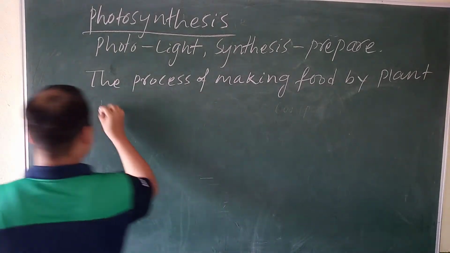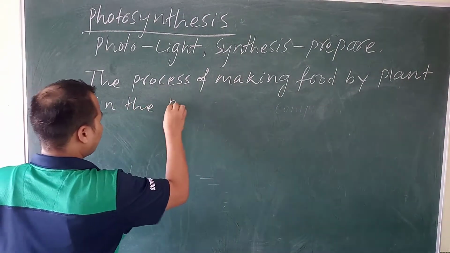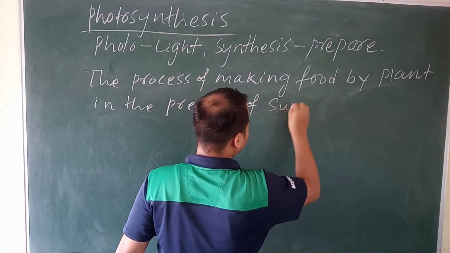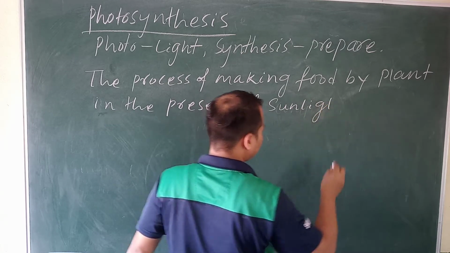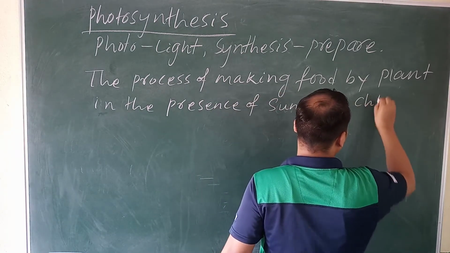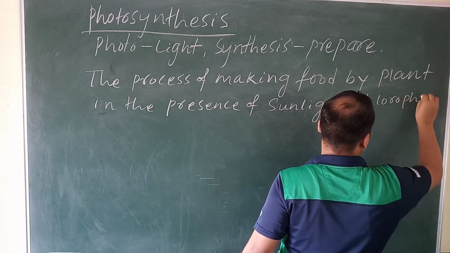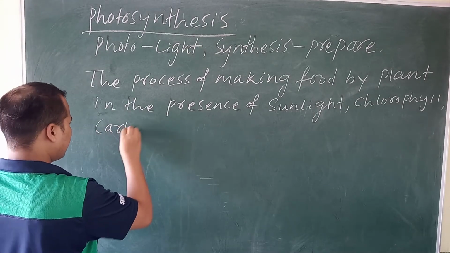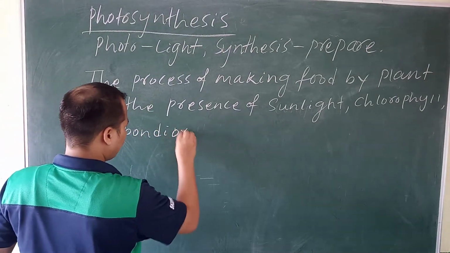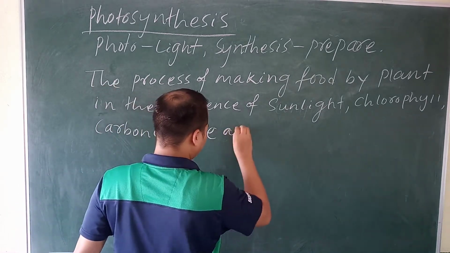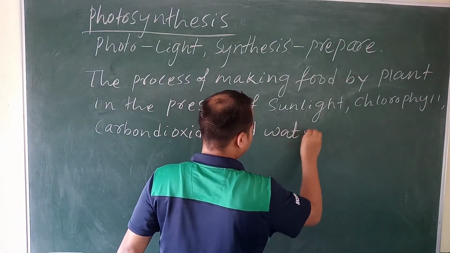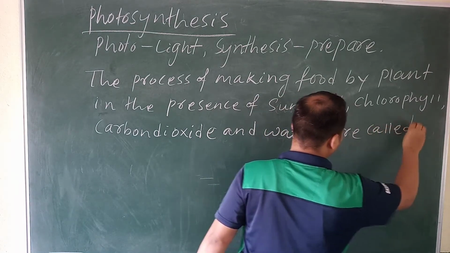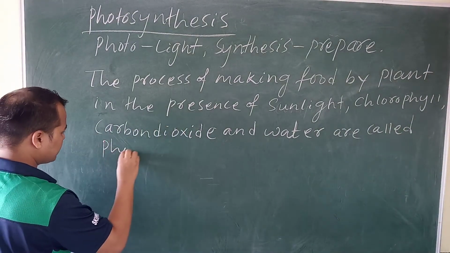Okay, in the presence of sunlight, chlorophyll, carbon dioxide and water, plants prepare their food. This is called photosynthesis.